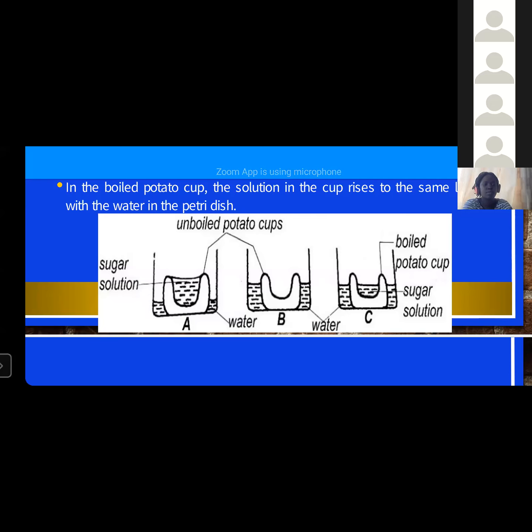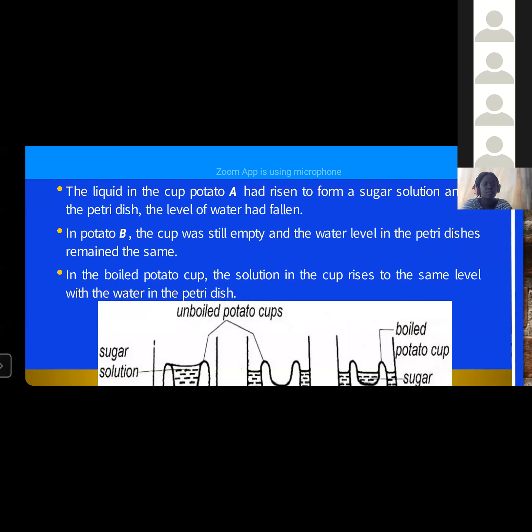And so, because there is no sugar in the cavity, water did not move. In A, it moved and filled because of difference in sugar concentration. So this is the experiment to show that osmosis occurs in a living tissue.